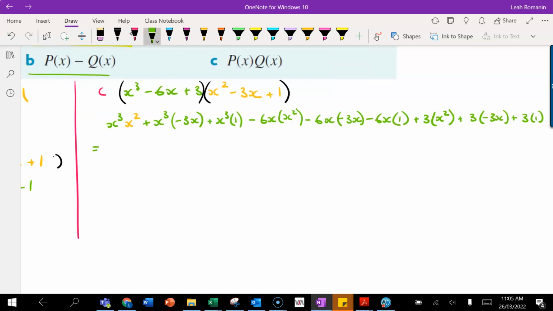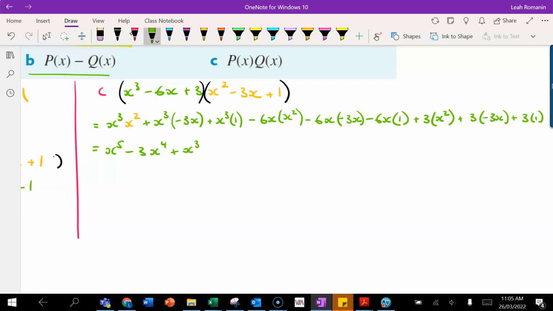Okay, so evaluating this, I'm going to have x to the power of 5. So remember, when you are multiplying terms with the same base, you are adding the powers, so 3 plus 2 is 5. Next, I'm going to have negative 3x to the power of 4. So remember, when there's no power, the power is 1, so 3 plus 1 is 4. Then I have x cubed.